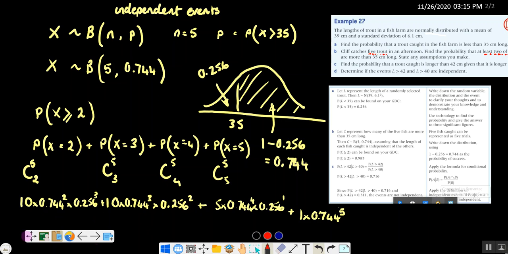So it's tricky to see, isn't it, with my writing? So I've got that one, then a plus with that one, then a plus with that one, then a plus with that one. So that's the x equals 2, this is the x equals 3, this is the x equals 4, this is the x equals 5.